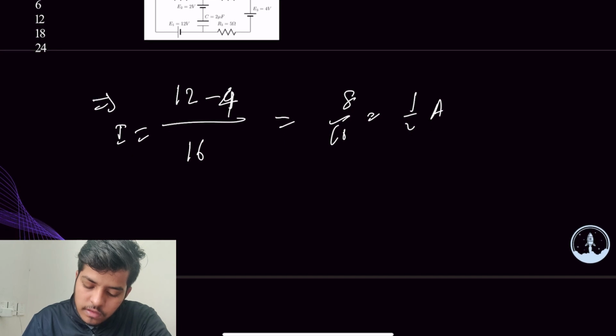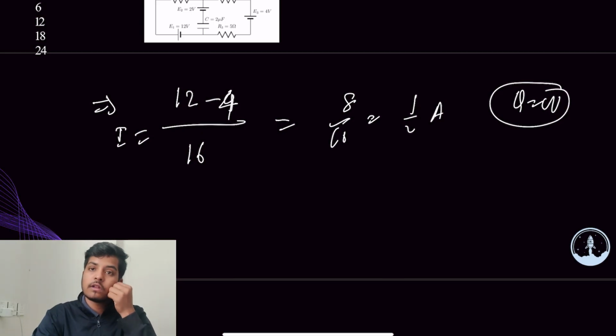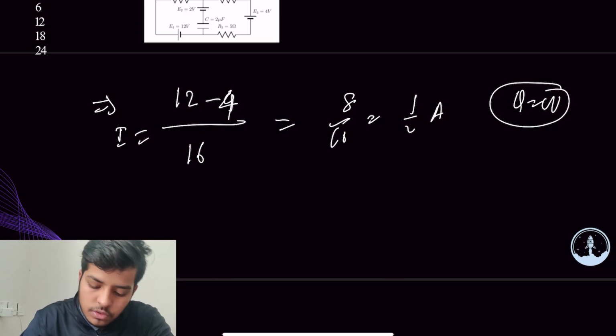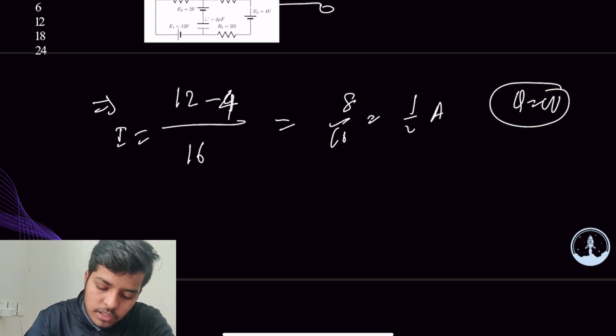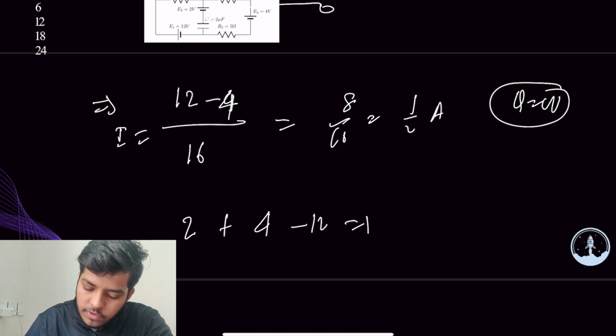So let's find the potential difference across the capacitor to know the charge, and Q equals CV. We know capacitance is given. We will find the potential difference and multiply it, and we will get the charge. So मान लेते हैं कि यहाँ पे 0 है पोटेंशियल, तो 0 plus 2 plus 8 plus 4 minus 12 will be the V here.